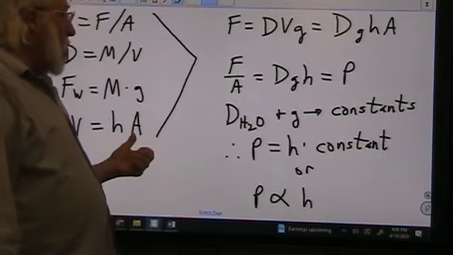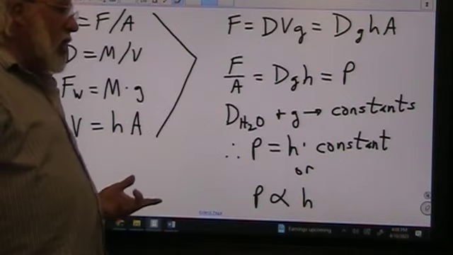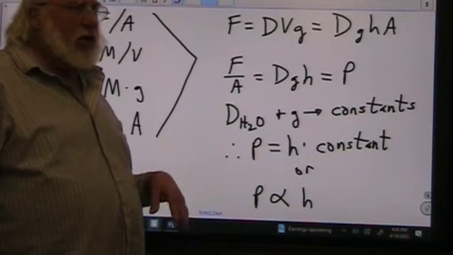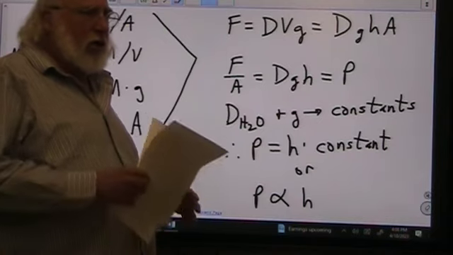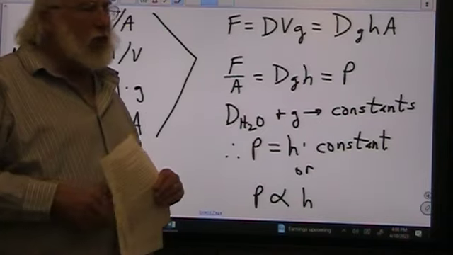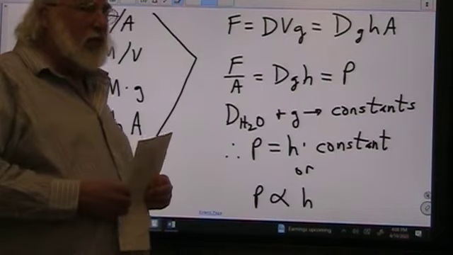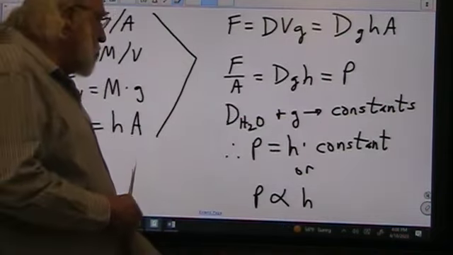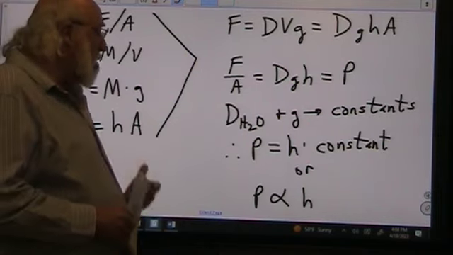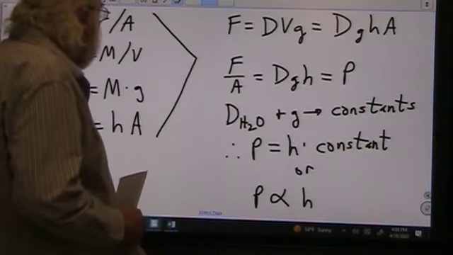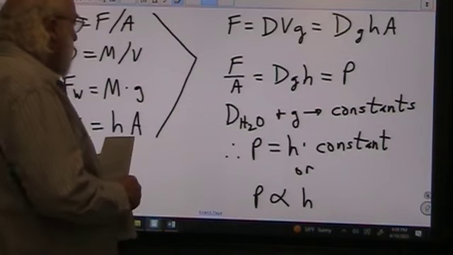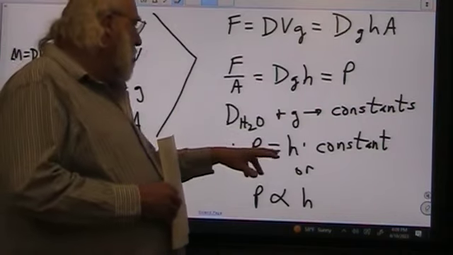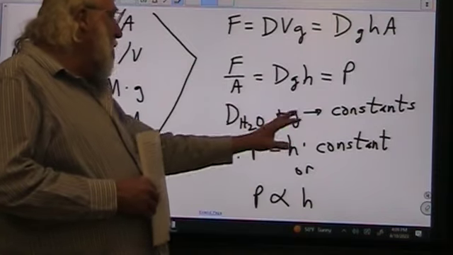Now, the density of water and the gravitational acceleration are constants. Say, well, why is gravity constant? Well, at almost all of the Earth, where we're going to do this, there is not going to be a dramatic change from the acceleration being 9.80 meters per second squared. So we are considering that constant. And therefore, the pressure is going to be equal to the height times the constant.